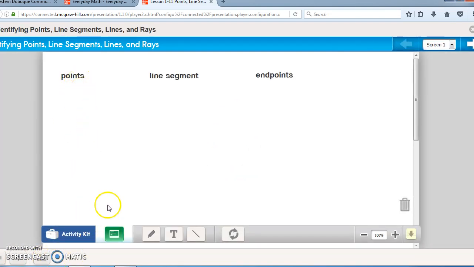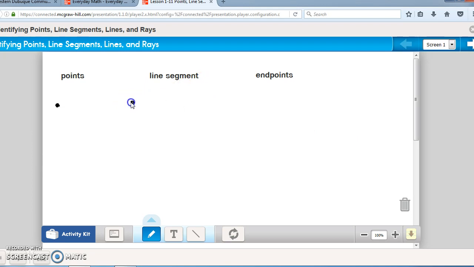Points. Points are usually named using capital letters, and they're represented by dots. So, this would be a point. A line segment. A line segment is a line that has 2 end points because that's where it ends.